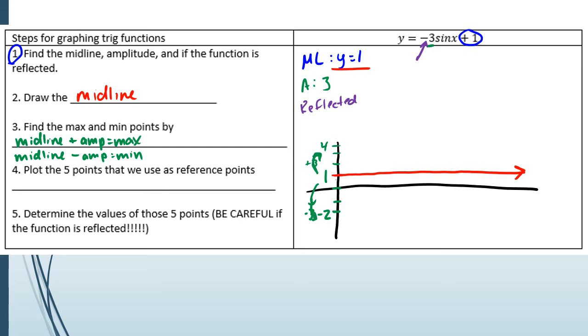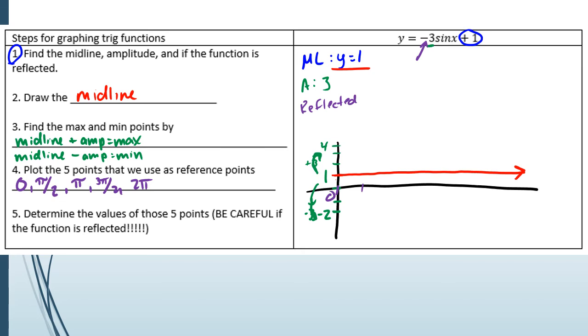All right, now there's 5 points that you're going to use today. Those points are 0, pi over 2, pi, 3 pi over 2, and 2 pi. In that order. So 0 starts right here, nice and easy.